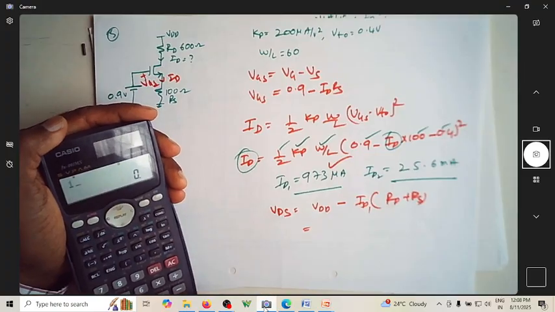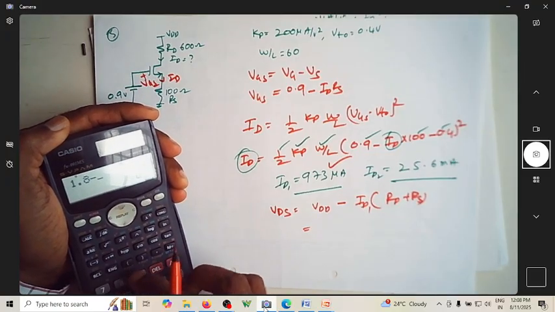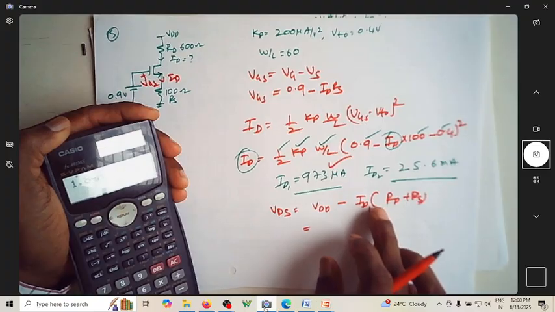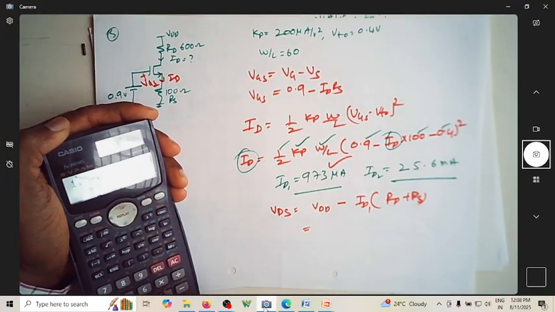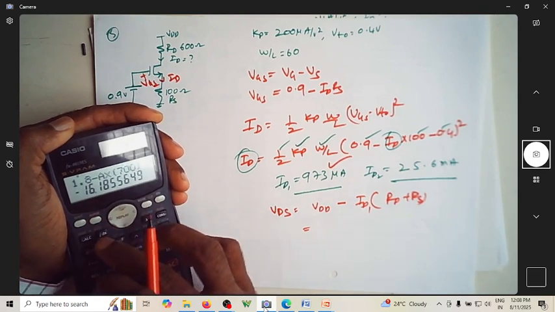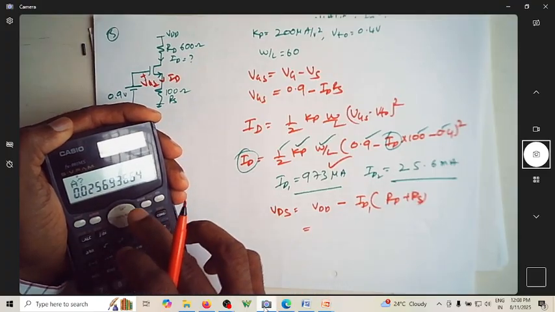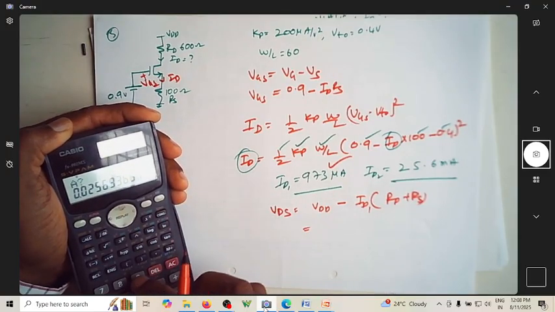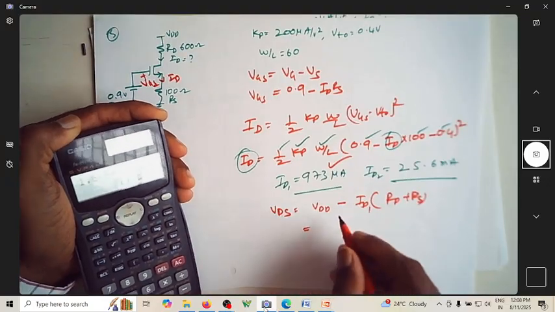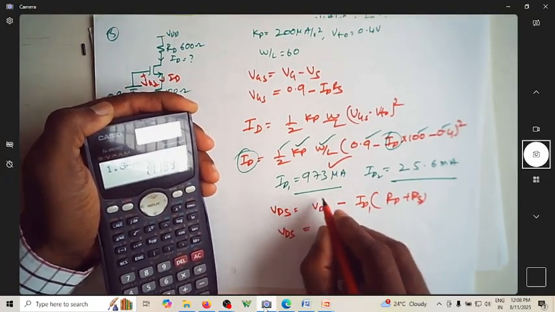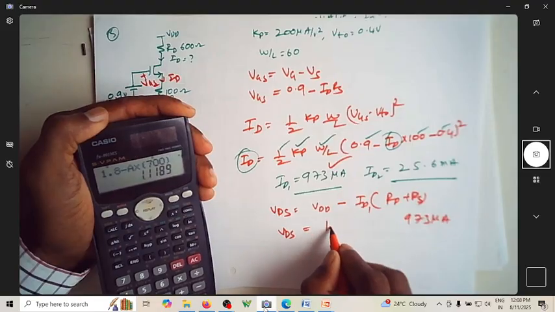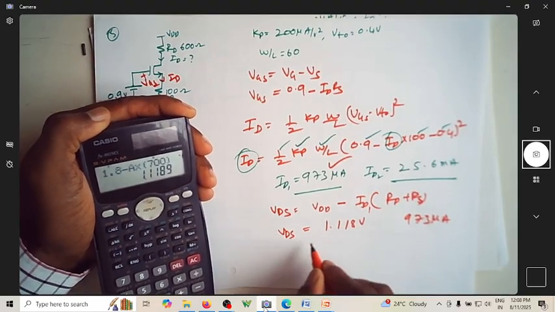So now it is 1.8 minus 973 microampere into 700. With 973 exponential minus 6, this is coming out to be 1.118 volt.